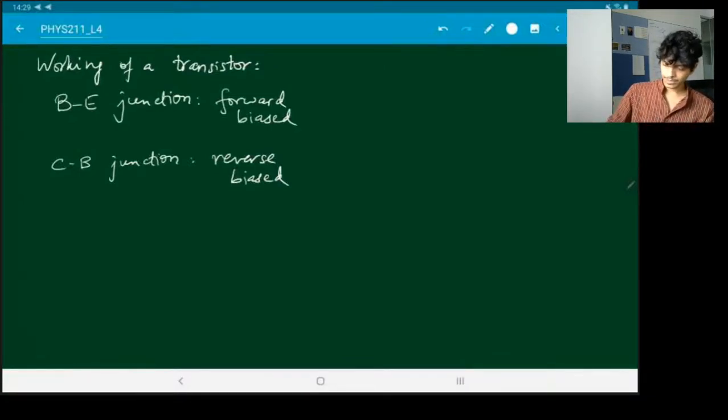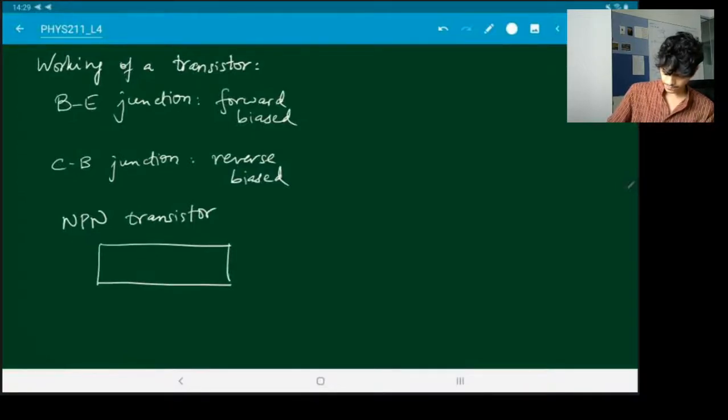So for instance, if we have an NPN transistor, let's draw what it might look like. Emitter, base, collector, and this is N, this is P, this is N. Then the base emitter junction must always be forward biased.